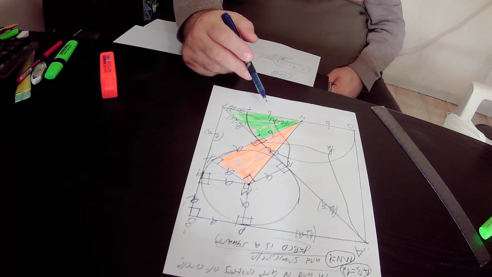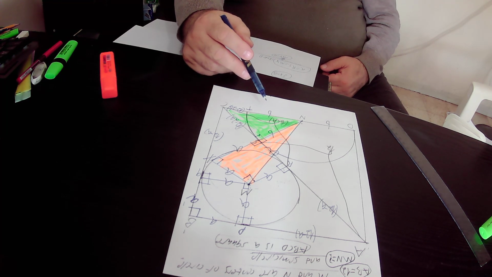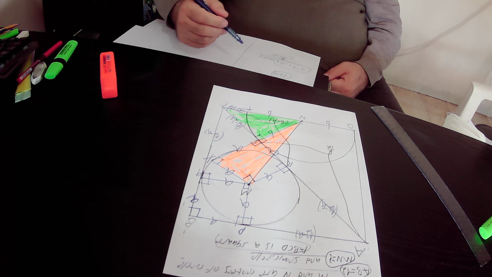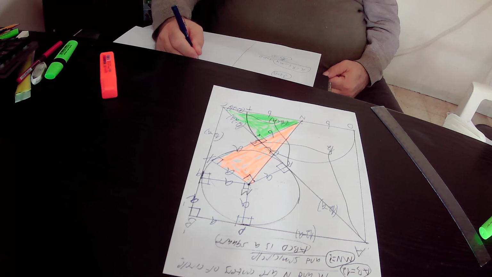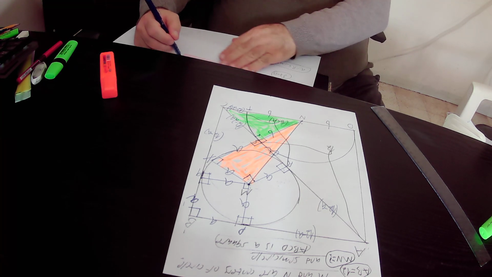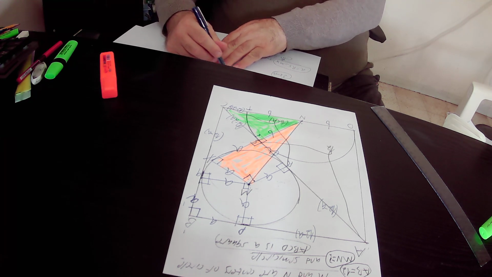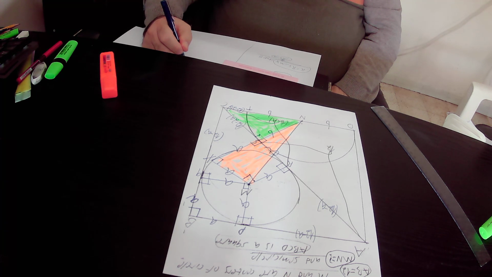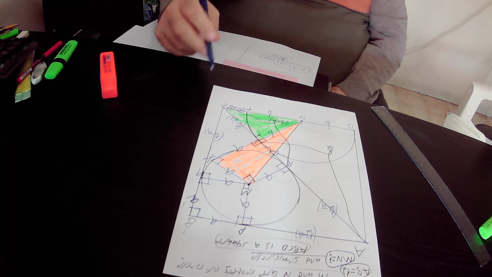The hypotenuse in the orange right triangle MXN is MN, so the square of the hypotenuse is MN squared. And it equals MX squared plus NX squared.